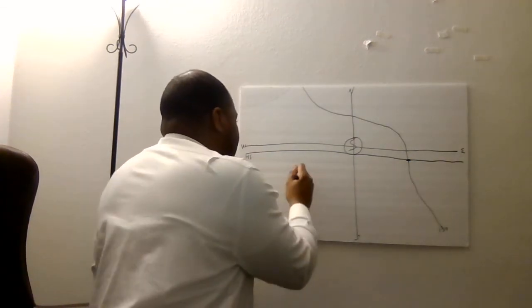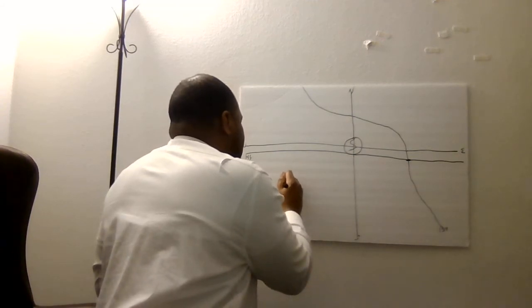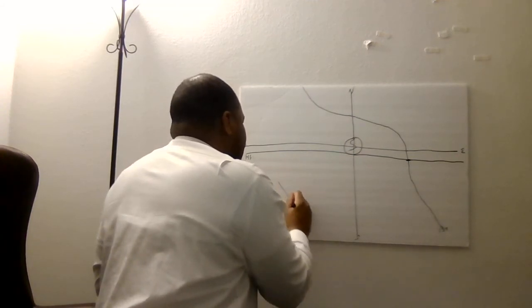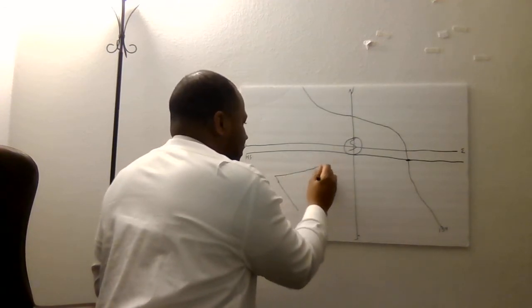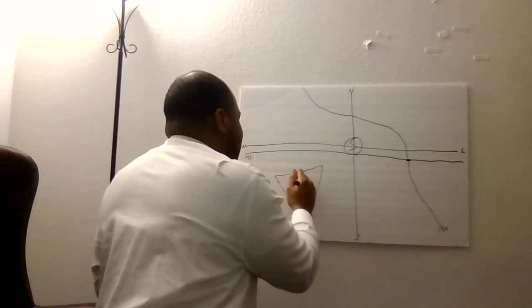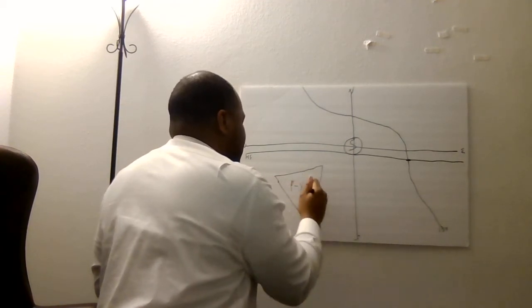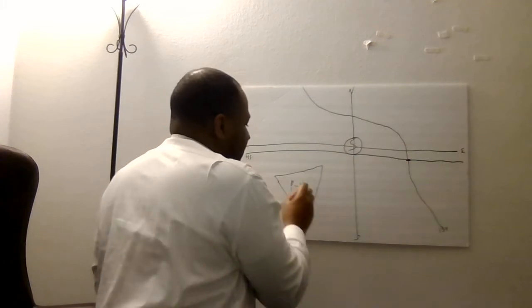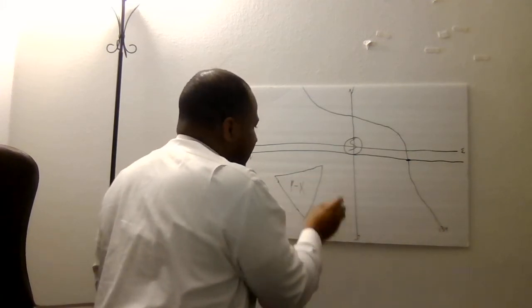So here we're going to put a triangle to represent a condensed demographic, and we're going to title this demographic population X, which we found in the west-south area.